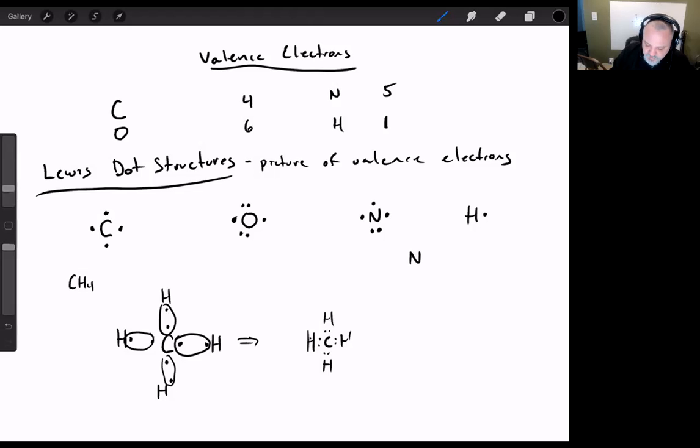If you took a look at N2 though, how do I bond N2 together? I mean, it doesn't seem obvious to me how to get these two things together so that all of their electrons are shared.